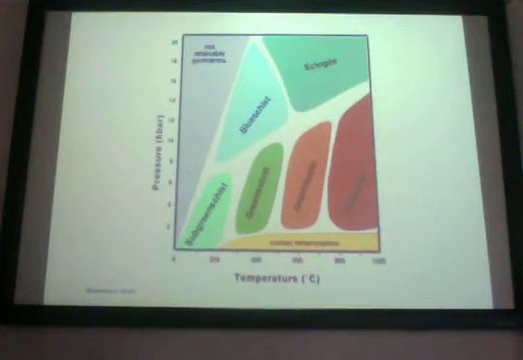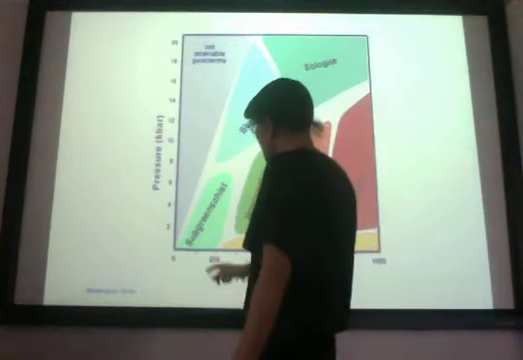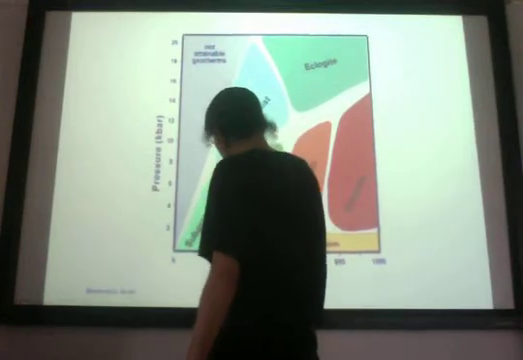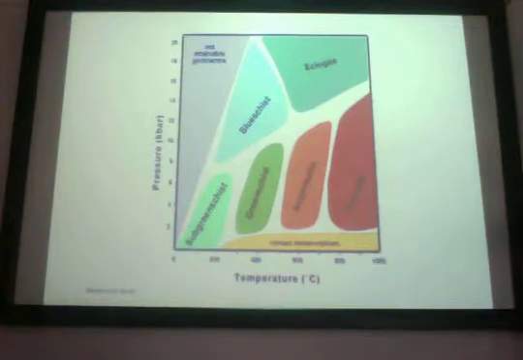If we are talking about the subgreenschist, that is formed at very low temperatures and pressures from a hydrated oceanic crust, maybe somewhere here. Here we have very low pressure and temperature conditions.